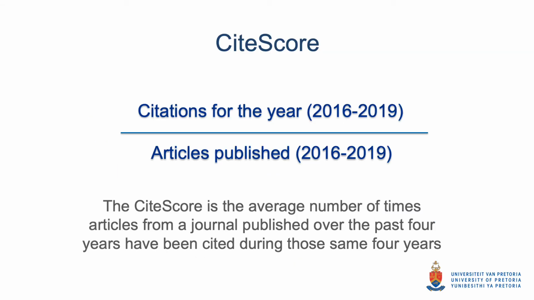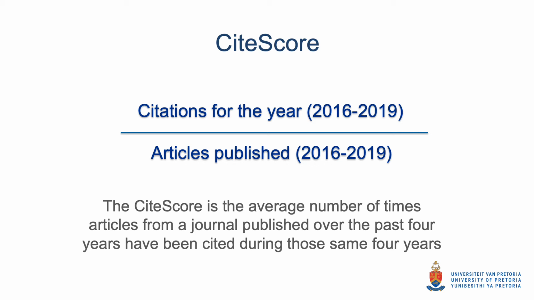The calculation of the CiteScore has recently been changed to a calculation over 4 years. Previously, the methodology was the same as for the Journal Citation Reports, only using 3 instead of 2 years for the calculation.